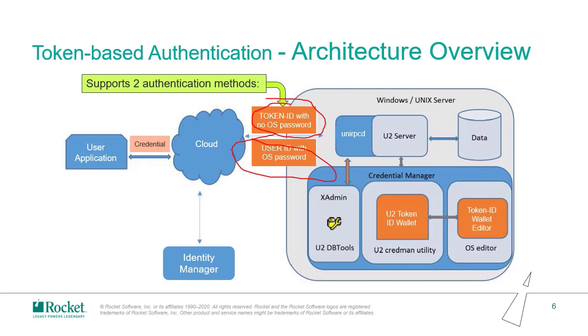For now, this is just UniRPC services, like your UO.NET through a UVCS connection. Maybe later on we'll support more like Telnet or SSH, but for now it's just connections coming in through UniRPCD.